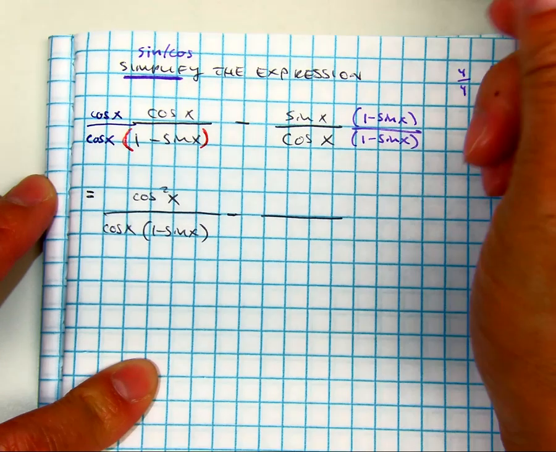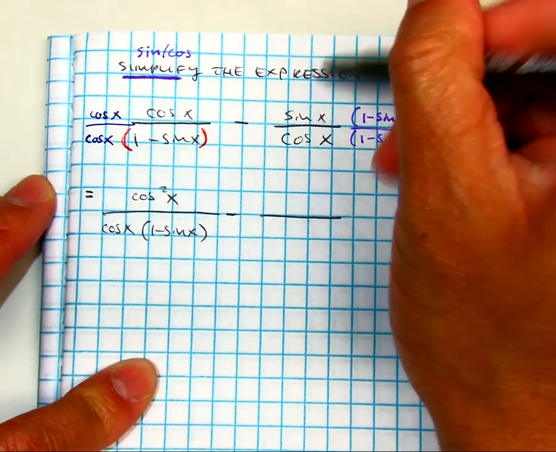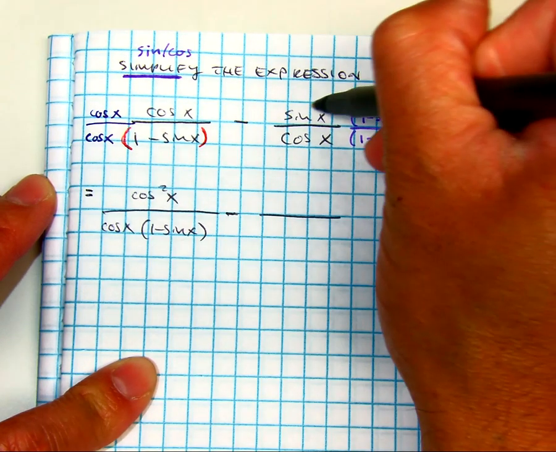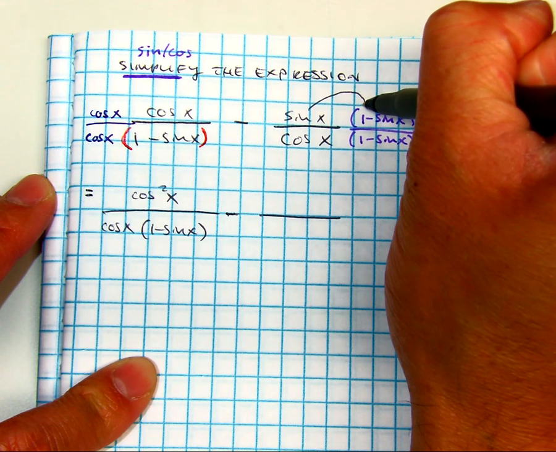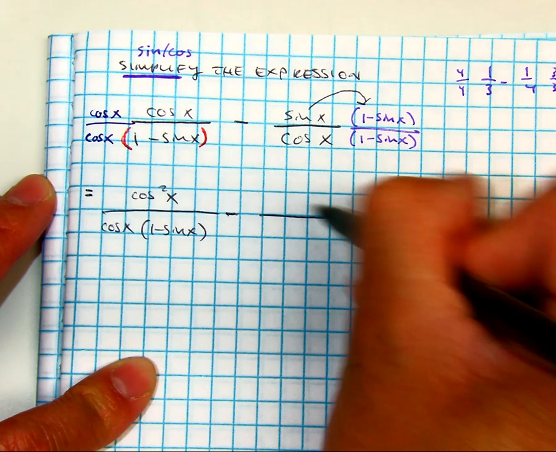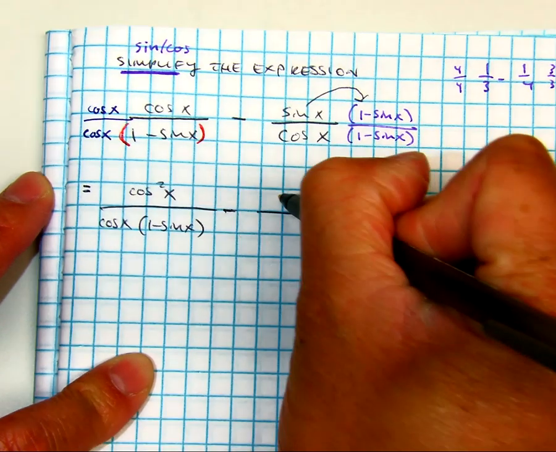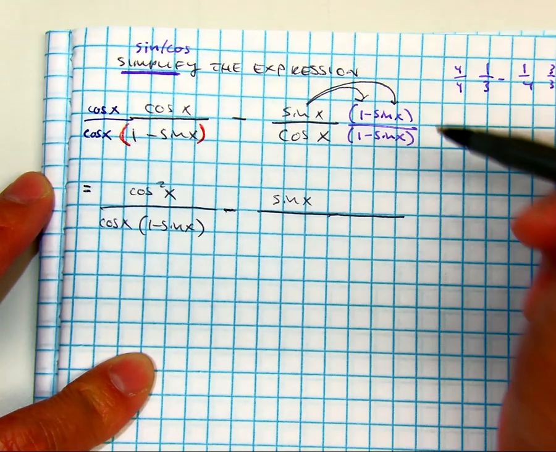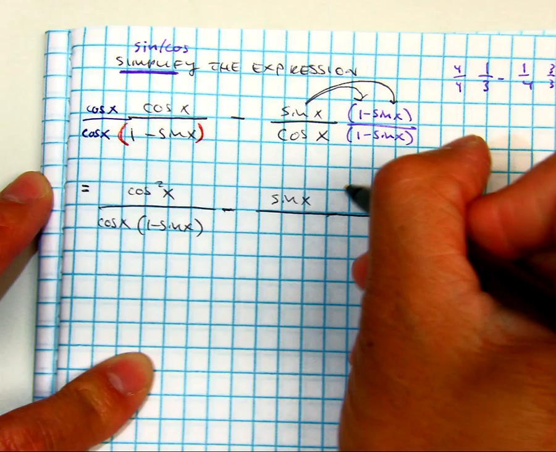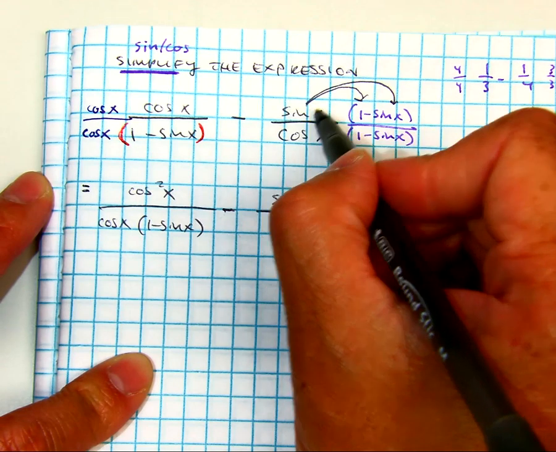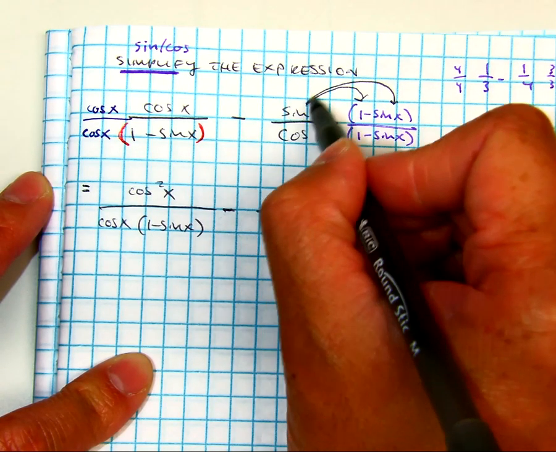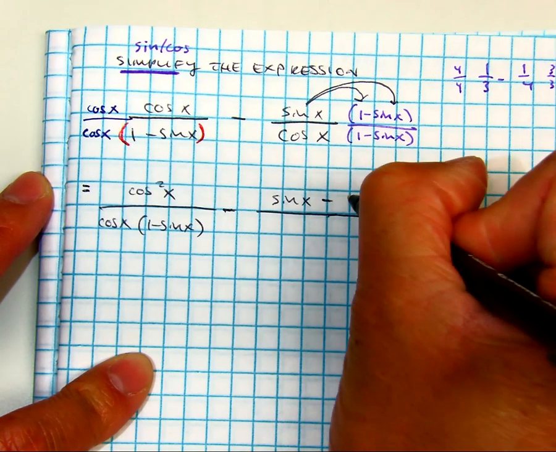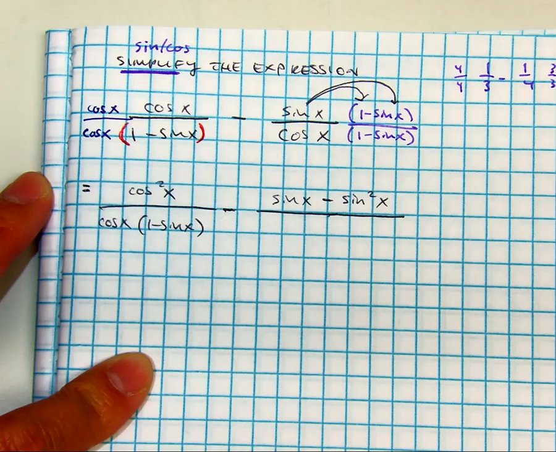Over here, I'm going to distribute. I can multiply sine of x times 1 would give me what? Sine of x, and sine of x times sine of x? Yeah, that would be correct. So this would be a positive times a negative sine of x, so that would be a minus sine squared x.